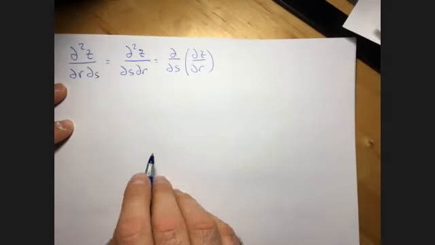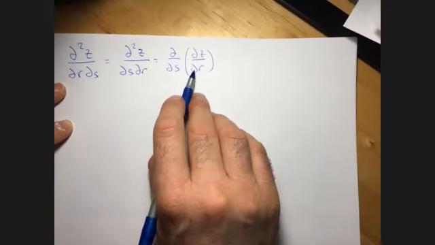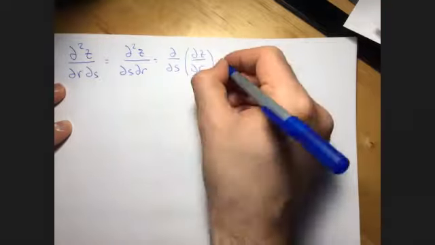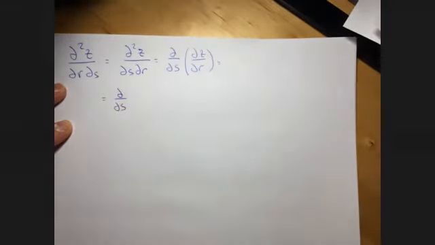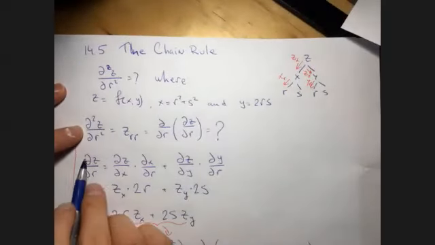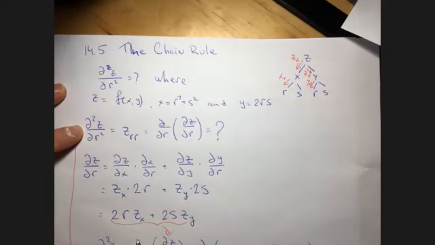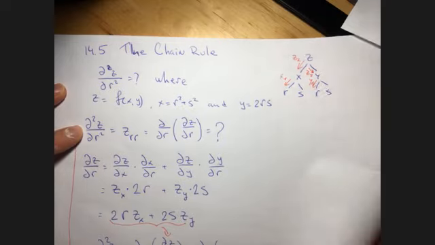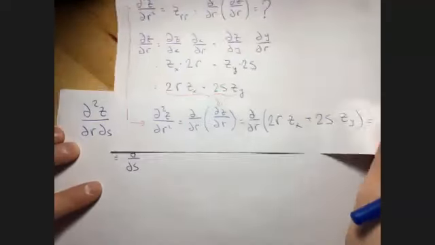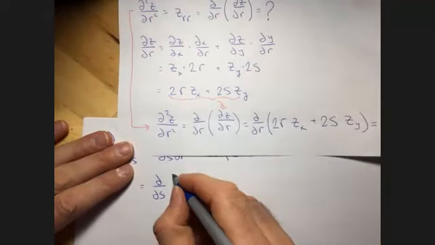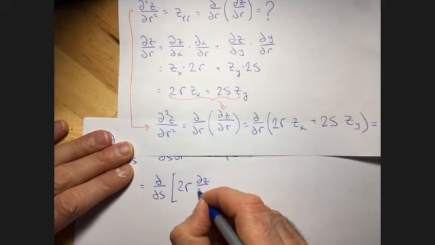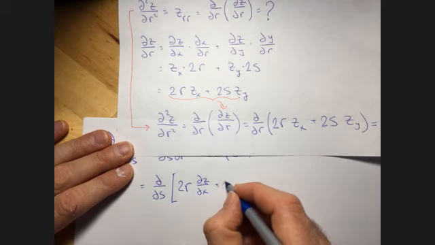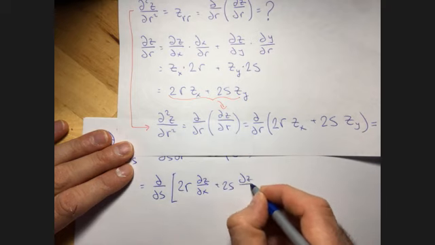But I have the expression for this derivative from the previous problem. So partial z partial r was 2r partial z partial x, plus 2s partial z partial y.